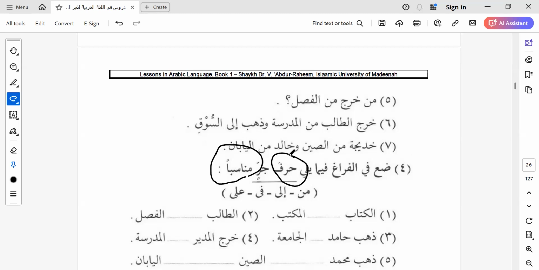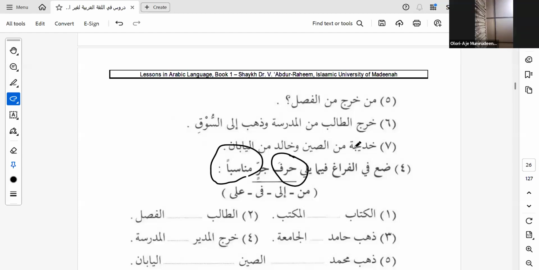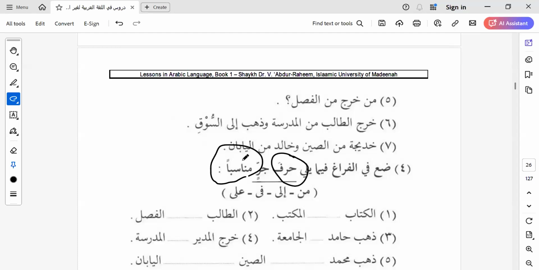Do you get that? So munasiban is an adjective of harf. And thanks to our sister, I forgot the name again, she said munasiban is an adjective of harf, and munasiban is a nakra, having mansub.